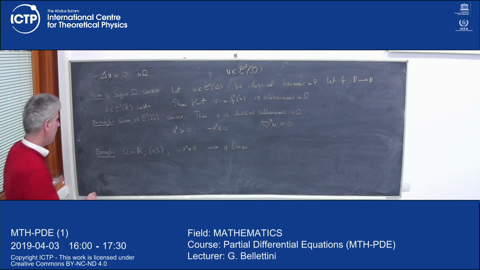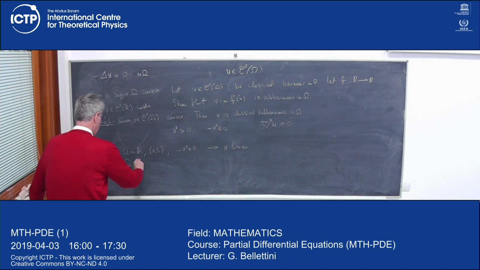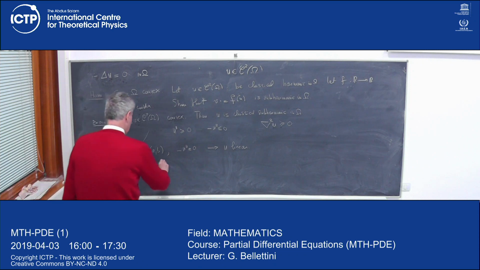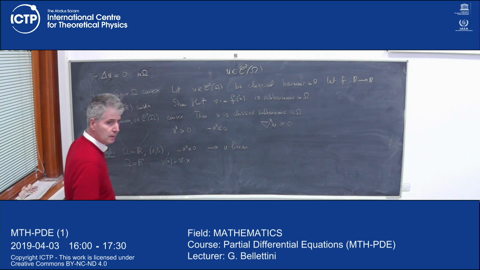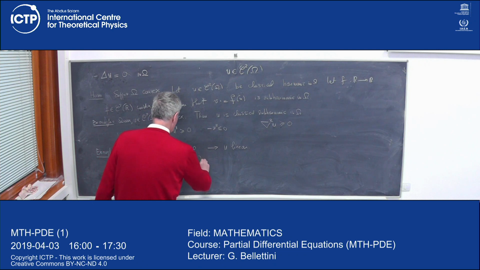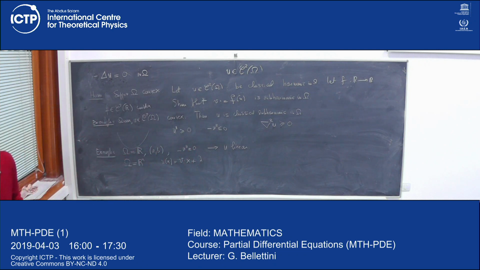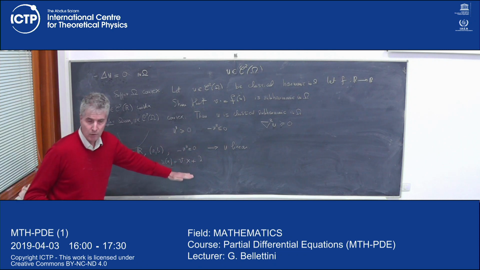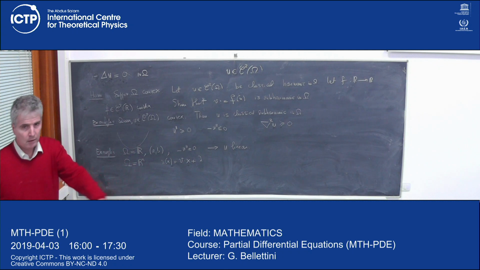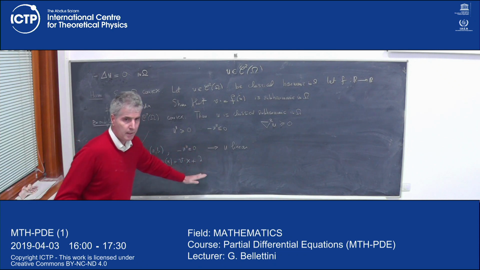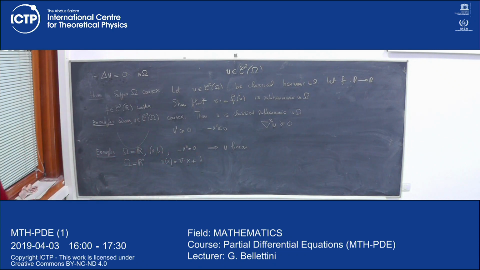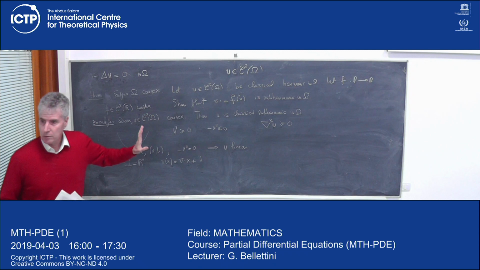It is also clear that in n dimensions, linear functions, say u of x equals some vector v scalar product with x plus some number, are linear functions in n dimensions, and it is also clear that this is harmonic. So graphs are lines or hyperplanes. It is clear that they are harmonic, but we need some more interesting examples. Is this clear up to now?